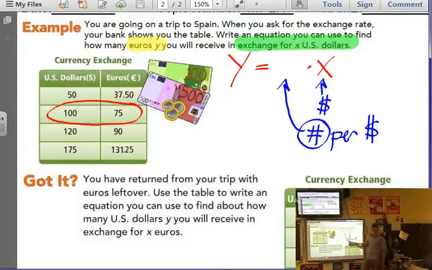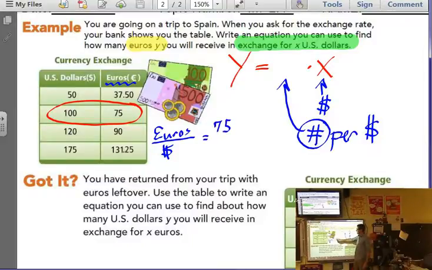So if we want some value per dollar, well, our other value that we have is euros. So we want euros per dollar. And if I get 75 euros for $100, what does it reduce to? They can divide by 25 and get 3/4. So my constant of proportionality is 3/4.